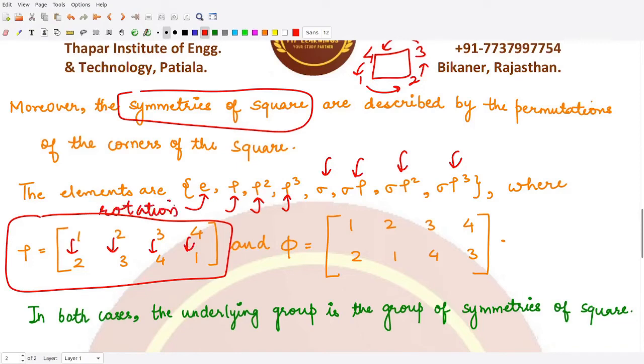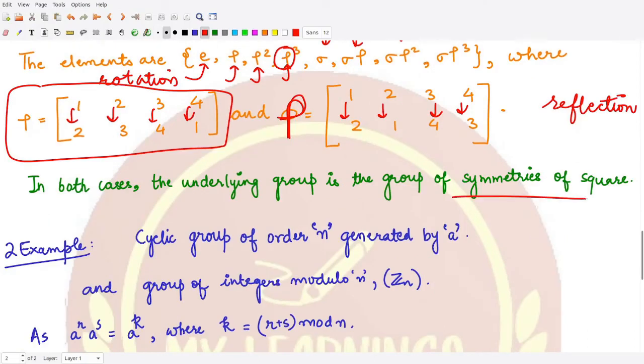And sigma is described like this: 1 goes to 2, 2 goes to 1, 3 goes to 4, 4 goes to 3, which is basically the reflection. These two operations together form the whole of the group D4. So in both cases, we are defining the dihedral group, the symmetries of a square, but the terminology is different.